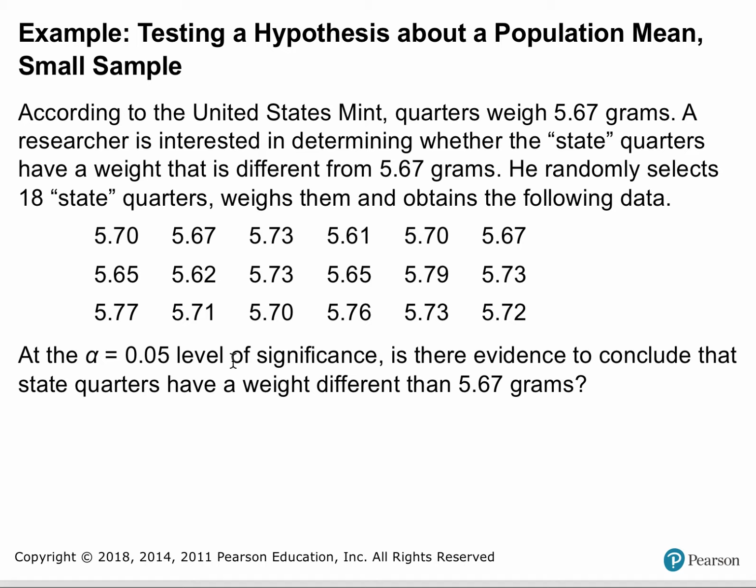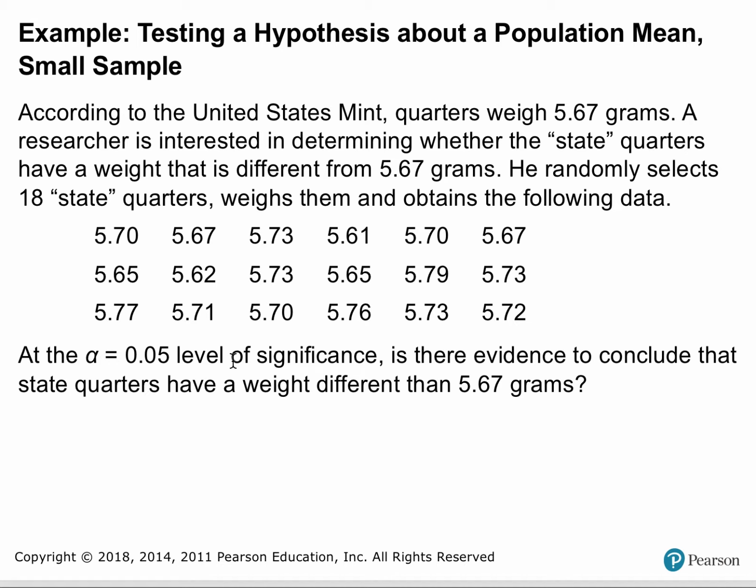Okay, so you go into Stat, and then Edit. Go up to L1, and if you have any items in that list, clear it, and then go down and enter each one of these. 5.7, and so on.